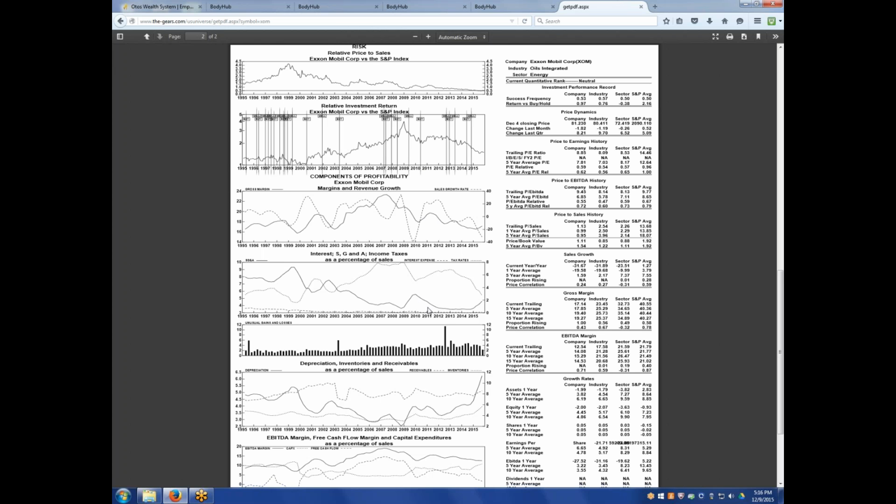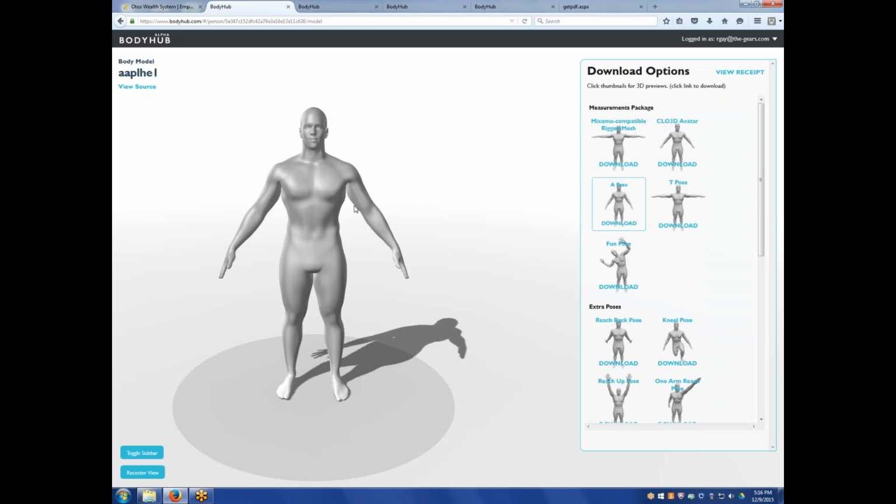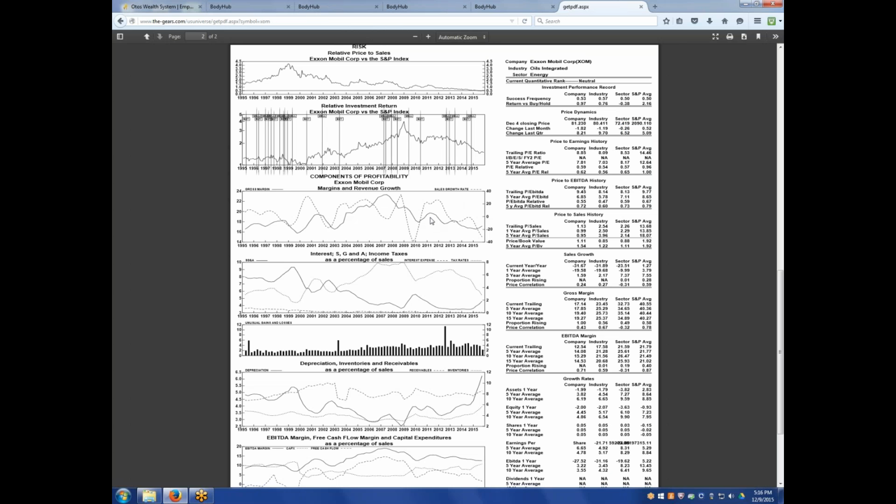All of these were present in the data of ExxonMobil in 2010 and early 2011, and ExxonMobil at that time would have had a championship appearance.